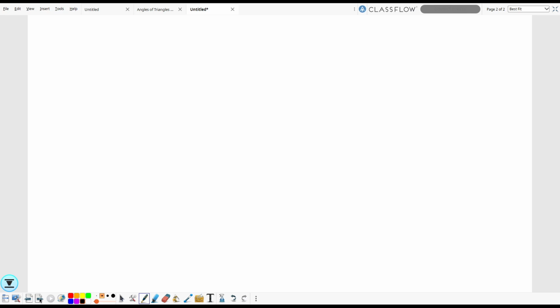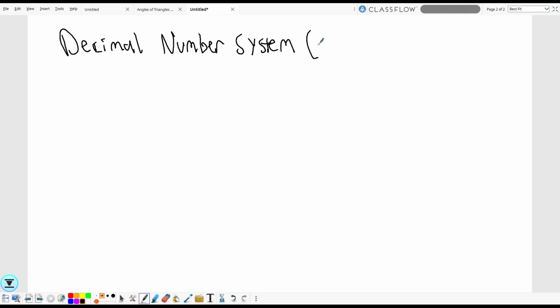So to begin with, our number system is called the decimal number system. All right, and this is base 10. We would say the decimal number system is base 10 because all our numbers are based on powers of 10.